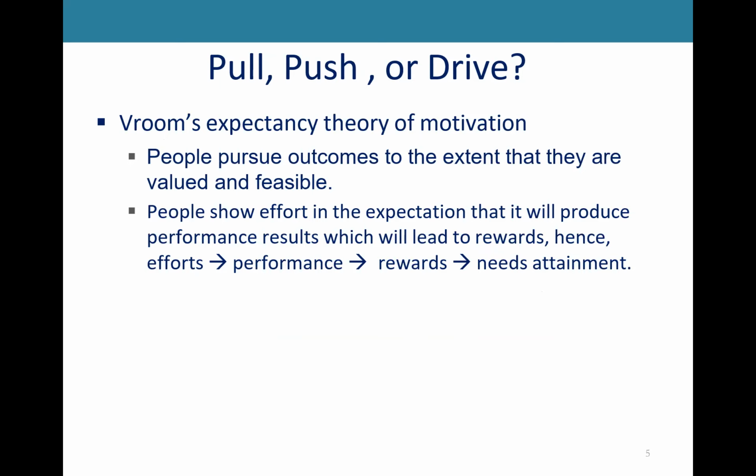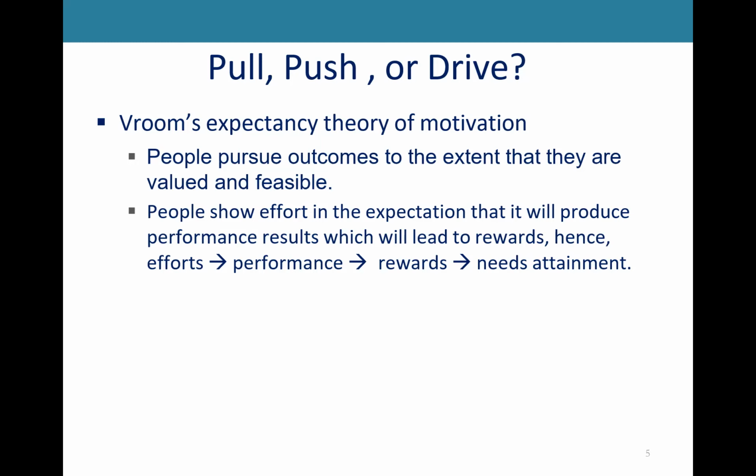Another classic organization theory that motivation is predicated upon is Vroom's expectancy theory. And in Vroom's expectancy theory, he argues that effort or motivation is a function of several different characteristics. So he has his little motto where he says, the amount of effort that someone puts into a job will depend upon their belief that putting in that effort will let them achieve a certain level of performance.